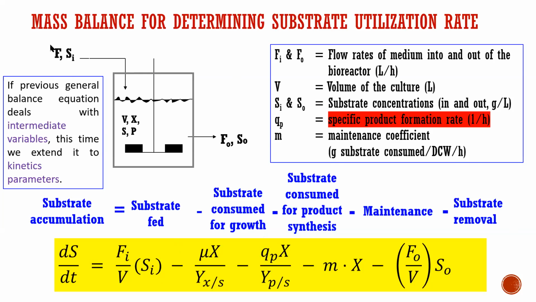Inflowing feed, there should be a subscript i here, which stands for inflowing. This one is outflowing. You have the volume in the bioreactor, with X, S, and P. So if you try to come up with a mathematical model for substrate accumulation rate in the bioreactor, this is how you do it.